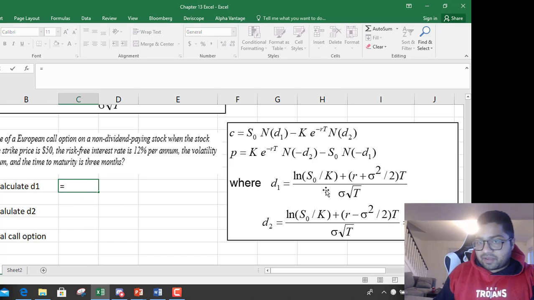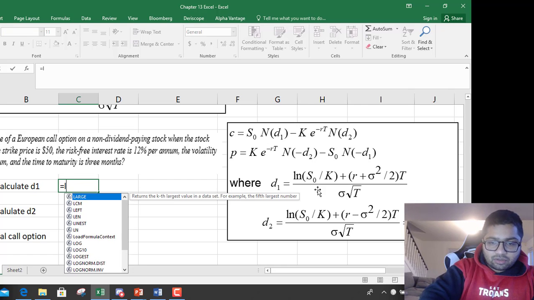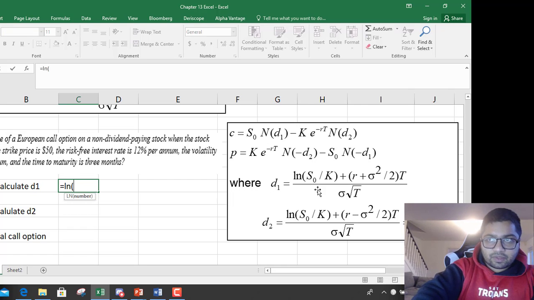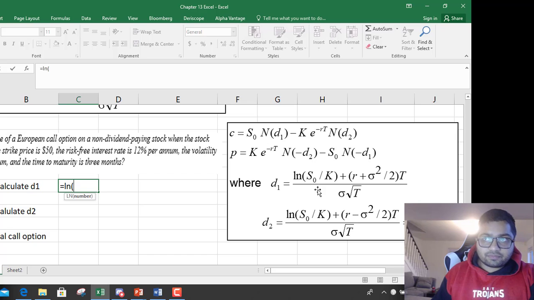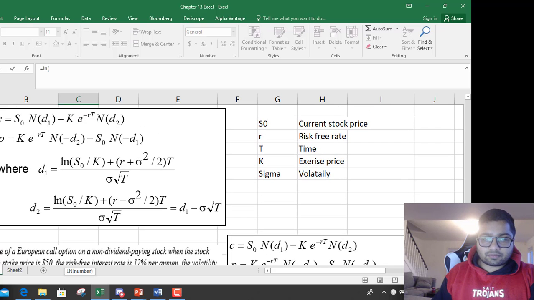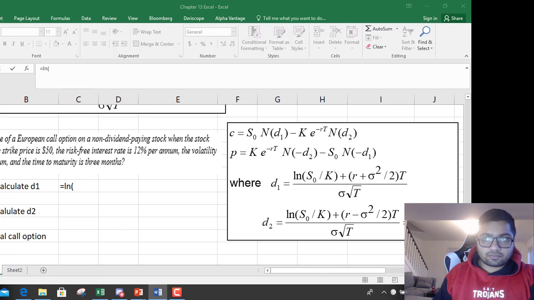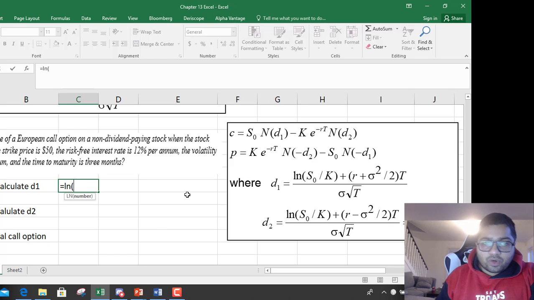D1, this formula we have to use. So natural log, what is the stock price? S0 is current stock price, that is 52, divided by exercise price.